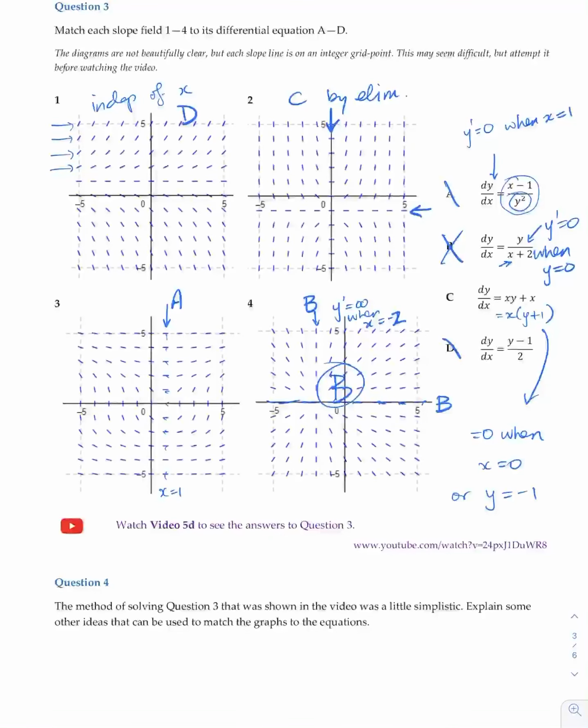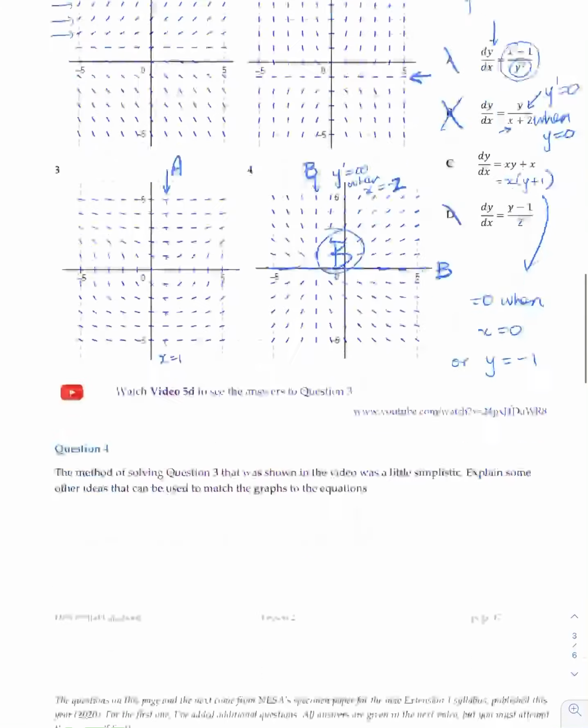So I've matched all of them looking at more holistic properties of the equations rather than specific points. There's nothing wrong with specific points, and that can be good to check if you've narrowed it down to 2 and you're not sure. But it's good to engage in a bit of deeper analysis of this. And mostly it was by looking at where the slope was horizontal or vertical.